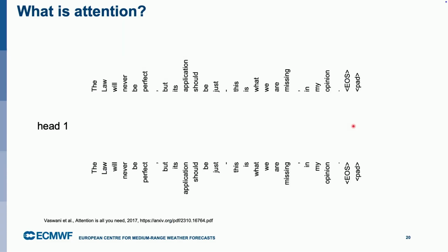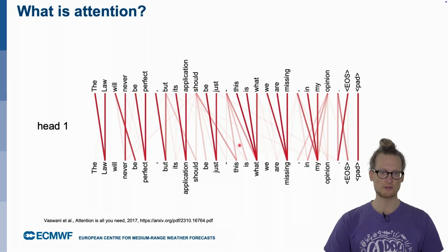What this leads to is that the different heads can start to learn different attention mechanisms. So for example, the first head might start to learn looking at these kinds of relationships, attending to this kind of pattern. This might be the relation that the first head learns.